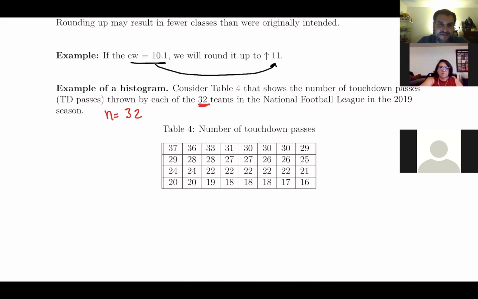If you actually read the problem, I tell you the sample size is 32, so there's no need to count it. So the first thing I'm gonna find is the number of classes, that's C. To figure out the number of classes, we take the square root of our sample size, which is 32. So C is equal to the square root of 32.